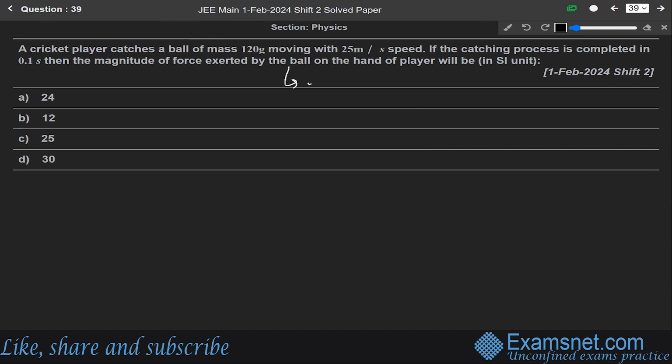This question is from the chapter of laws of motion. Speed is given as 25 meter per second. Mass is 120 gram. So we have to find the force.